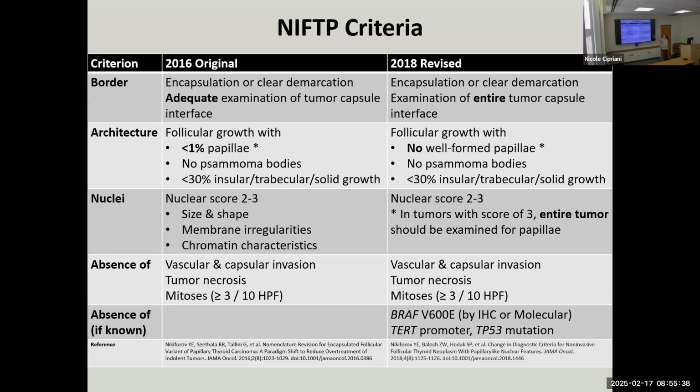The other high-level thing, for those of you who have heard me rant about this, is this 30% insular solid trabecular growth. Once you get advanced in your thyroid practice and you're looking at something circumscribed that looks like a NIFTP, and yet you now start to have trabecular growth that's more than 30%, does that now mean you have to call it a PTC?